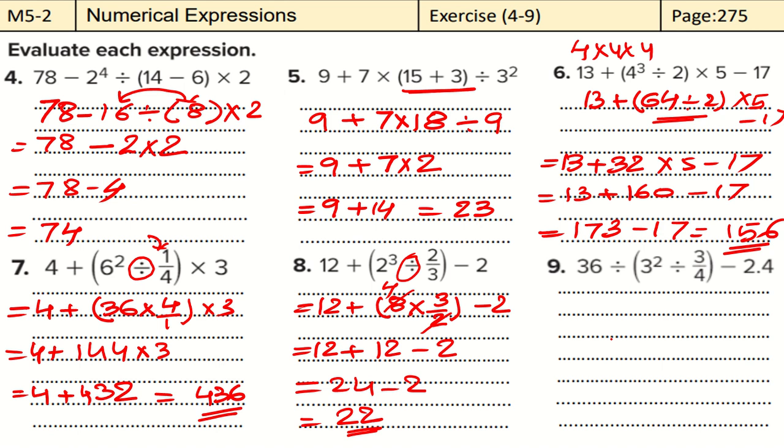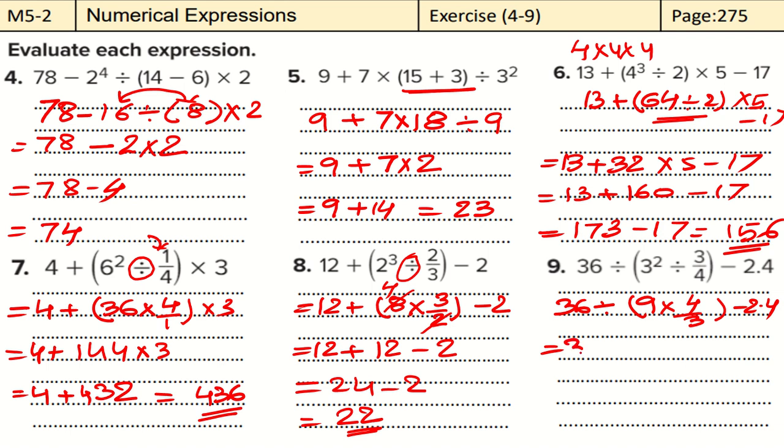Okay. Now number 9 is 36 divided by 3 to the power 2, which means 9. Again we have a fraction after division, so make it multiplication, and it will become 4 over 3 minus 2.4. Okay. Here we have to deal with 2.4, which is a decimal number, so be careful.